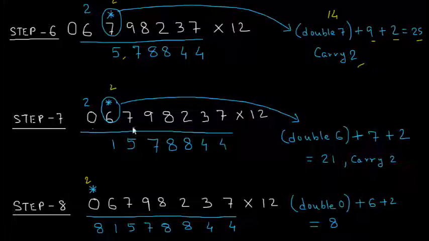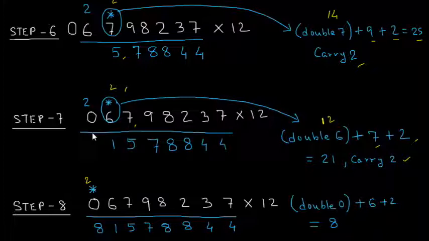So the next number is 6. Double of 6 plus its right neighbor, which is 7, and the carry is 2. So if we add double of 6, that is 12, plus 7 plus 2, we get 21. We put carry 2 and 1 below.